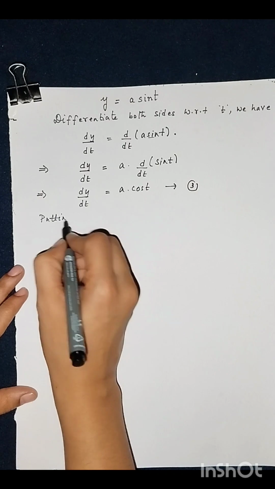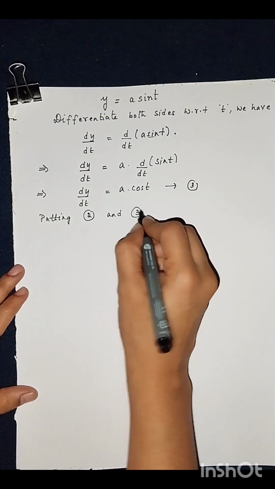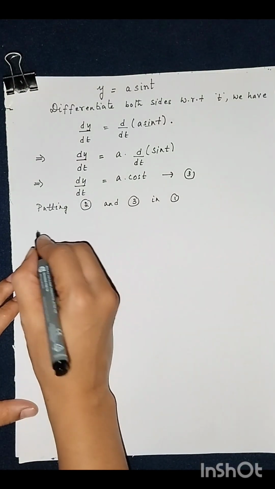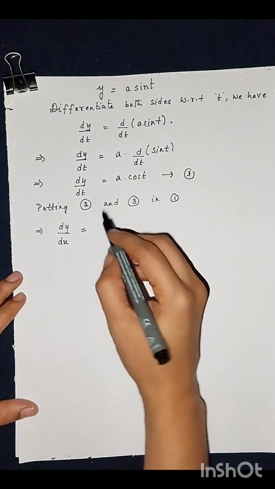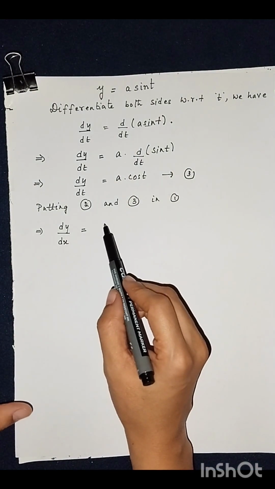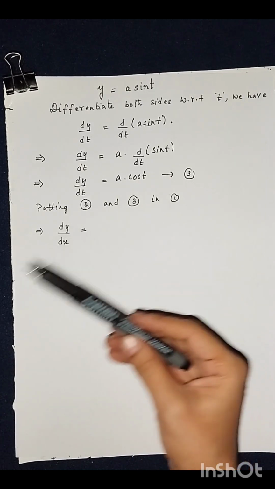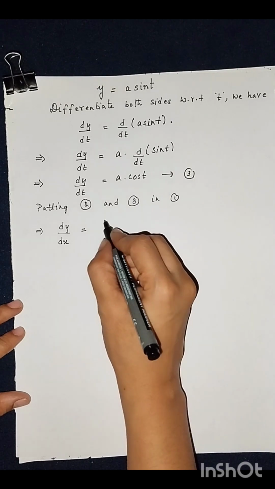So putting 2 and 3 in 1, this implies dy by dx is equal to, so remember first you have to substitute dy by dt. Since you calculated dx by dt first, it shouldn't go wrong. So first you have to substitute dy by dt in the numerator.